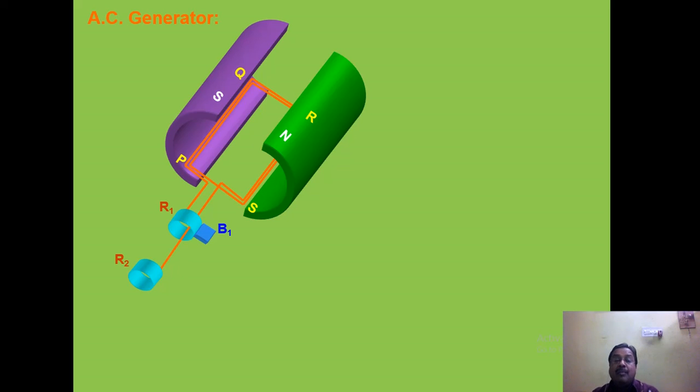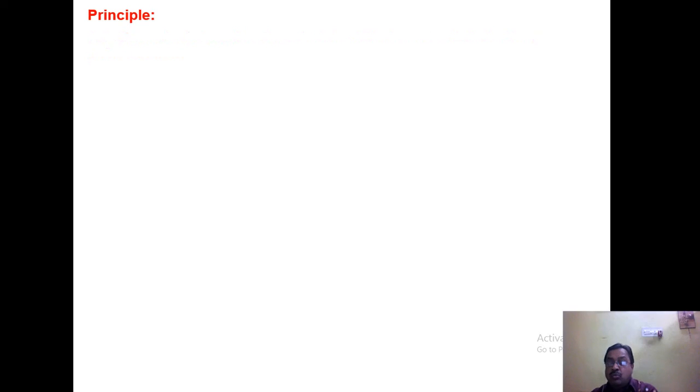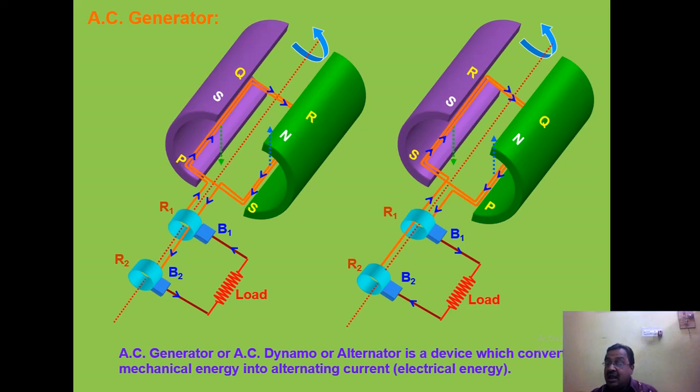In the figure we have shown the diagram of the motor or generator, which depends upon whether the electrical energy converted is alternating or steady. Accordingly, two types of generator or dynamo will be there, AC generator and DC generator, but we are concerned with the AC generator.